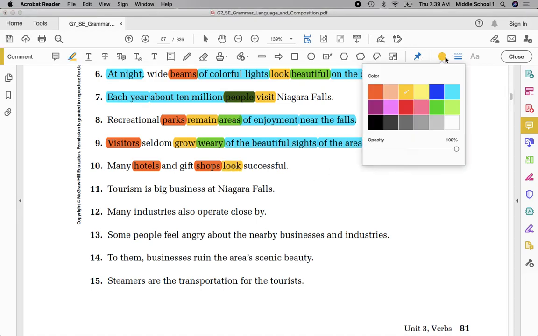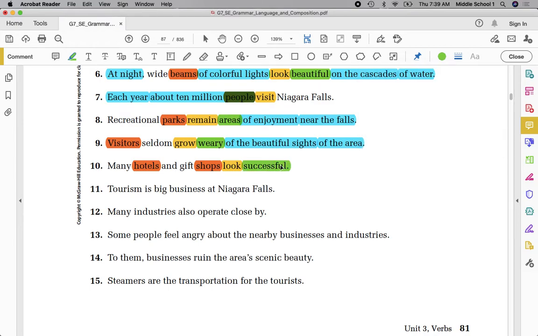What do they look? Successful. Shops are successful. Hotels are successful. Subject, subject. Linking verb, person, place, thing? No, this is an adjective. Predicate adjective.